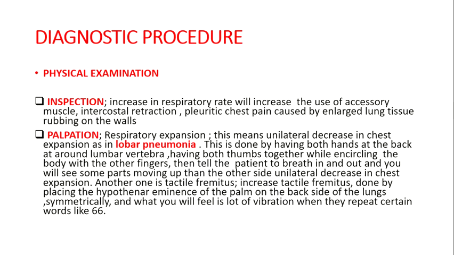Another thing is intercostal retraction. Another thing is pleuritic chest pain. The patient will tell you, and you will notice, pleuritic chest pain because we see in our diagram that we have pleural fluid around your chest.